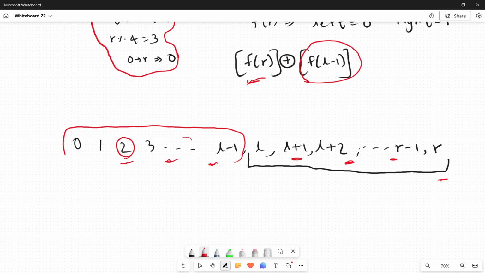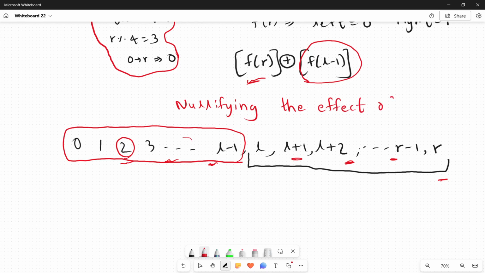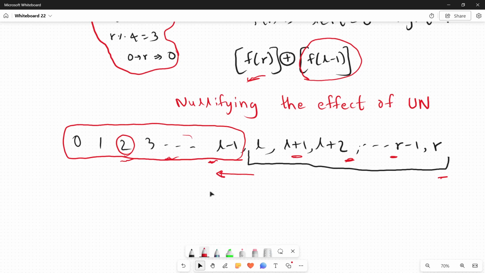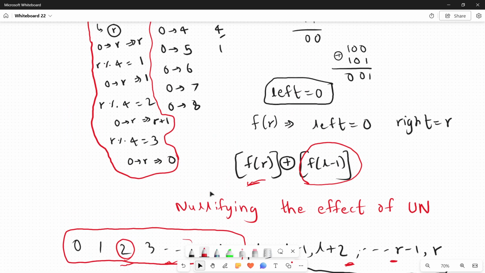When we do XOR with f of l minus 1, it is nullifying the effect of uninteresting numbers which are less than l, right? So this should suffice, right? Okay, so this is the definition of our f of r.